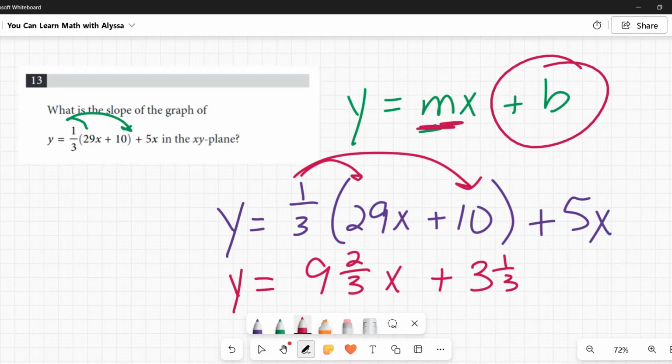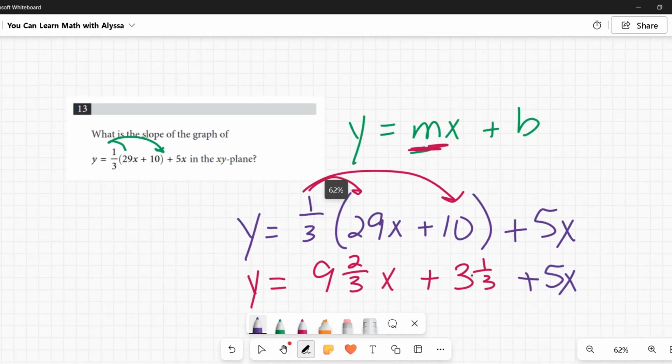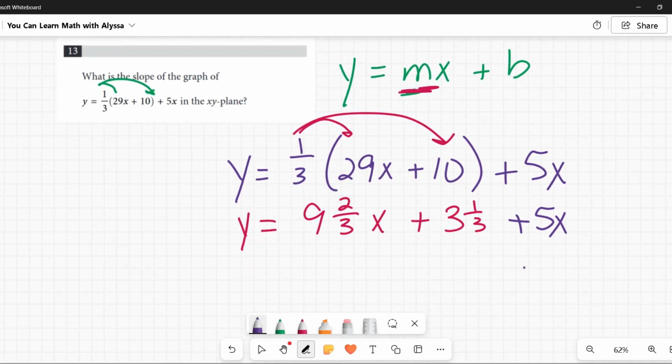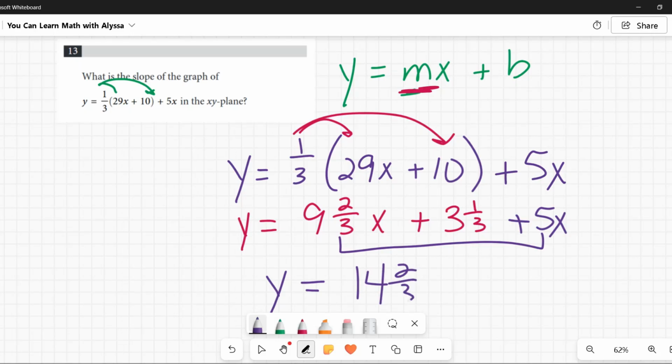I'm trying to be accurate for y'all. So I still have that 5x on the end. And now I just need to combine like terms. Again, the 3 1/3 doesn't really matter. But 9 2/3 x plus 5x is 14 2/3 x. And that 3 1/3 just comes along for the ride. Now my slope is 14 2/3.